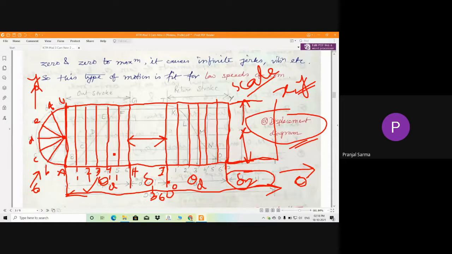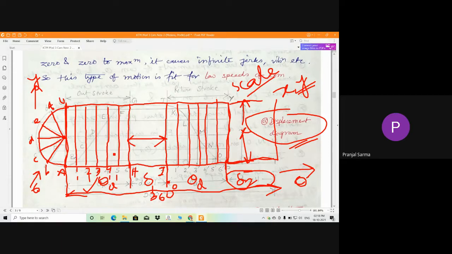Already six divisions we have made here, so accordingly we have made six divisions in theta A as well as theta D. Now with reference to the first division, from this particular point you will draw a horizontal line. That is the first division in the semicircle: first, second, third, fourth, fifth and sixth. Accordingly we also have first, second, third, fourth, fifth, sixth, six divisions.